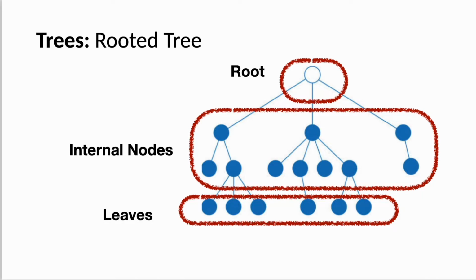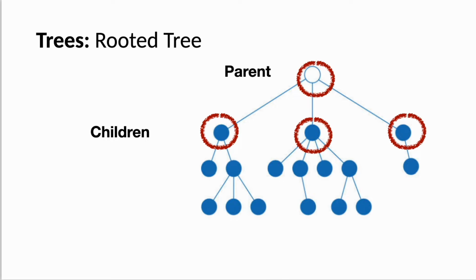Unlike the tree that we are all familiar with, a tree in computer science has its root in the topmost part, while the leaves are on the bottom part. The vertices between the root and the leaves are called the internal nodes. Edges in a tree are also called branches. So a rooted tree exhibits hierarchy.